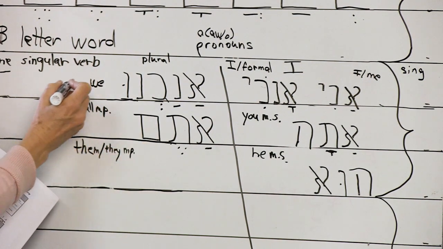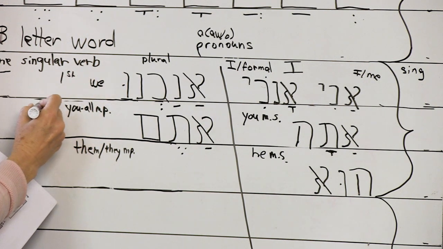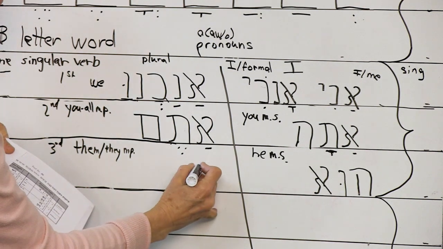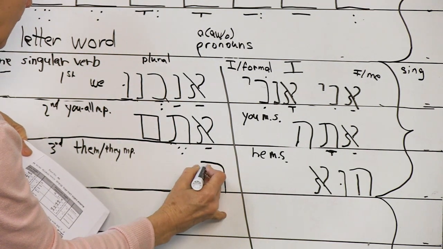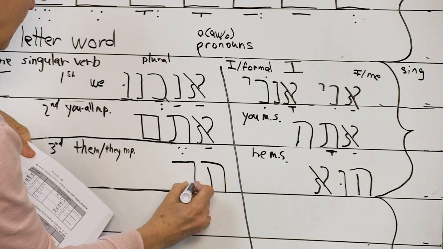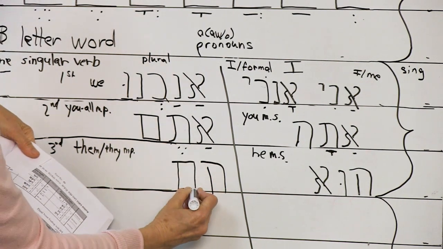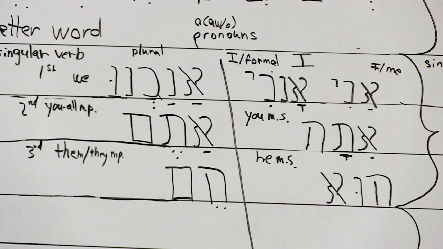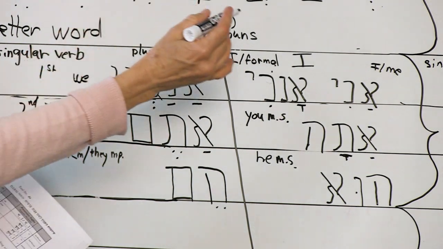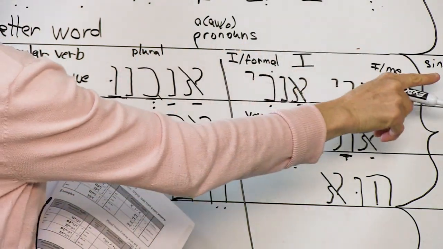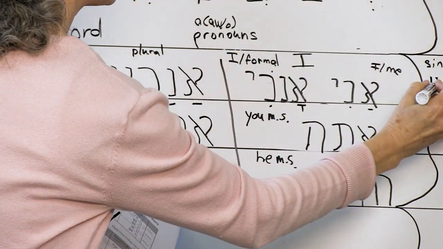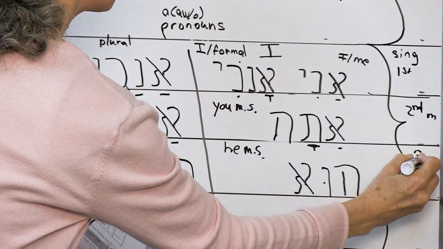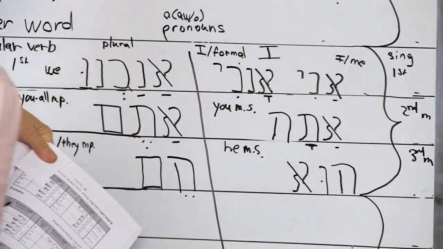So this is second person. Oh, wait. This is first person, second person, third person. They is hem. Hem. Okay? So this is plural, singular, first person, second person, masculine, third person, masculine.